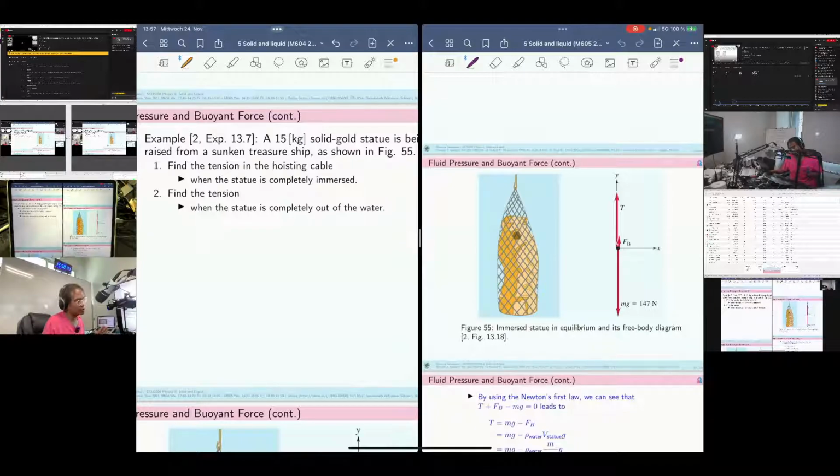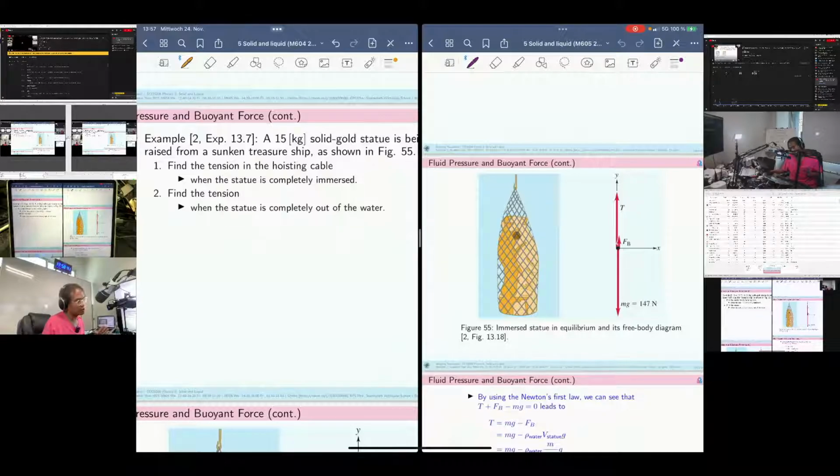Buoyant force in book number 2 is denoted by F with subscript B. It depends on you, whether you prefer simply the letter B, like in this expression, or you prefer F with subscript B. That's a matter for me.